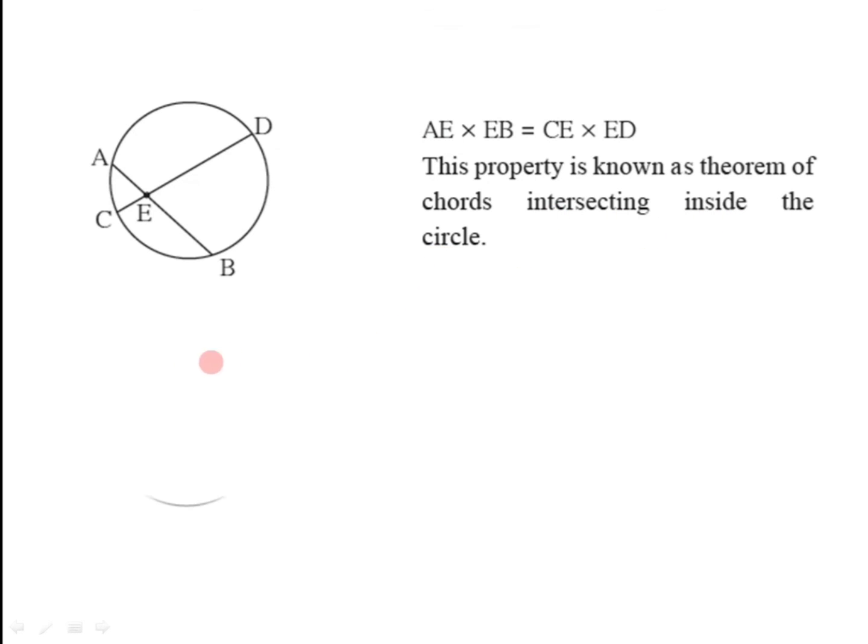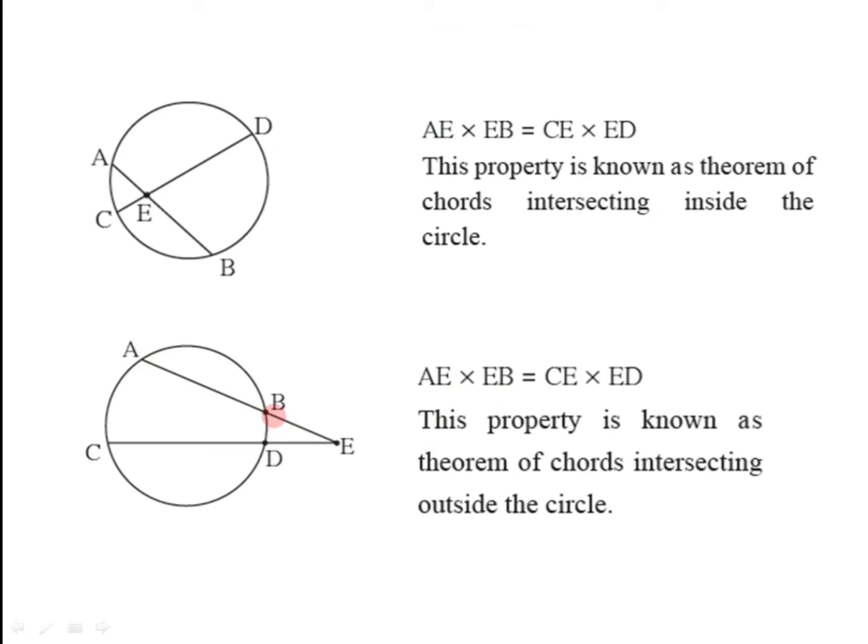Now if we consider another diagram, where chords AB and CD intersect each other at point E, but this time point E is in the exterior of the circle, then also the product AE and EB is equal to CE and ED. This property is known as the theorem of chords intersecting outside the circle.